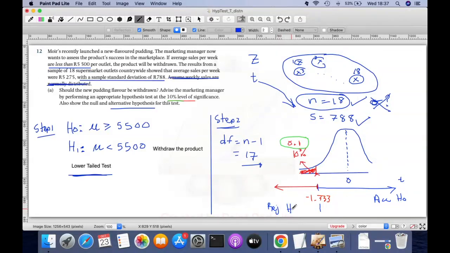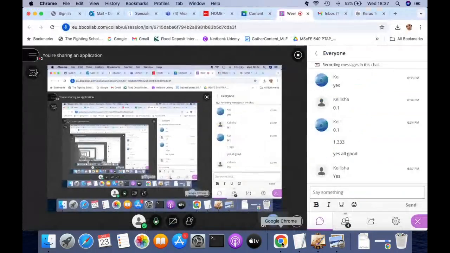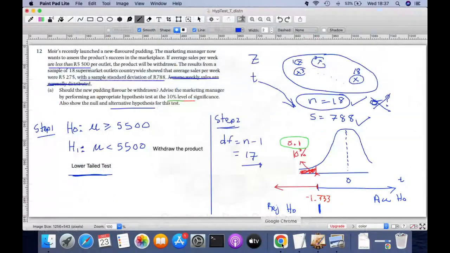Does that make sense, everyone? Let me know if there's anything unclear. This is your boundary. All good? Fantastic. So that is your step 2 done. You found your rejection region, which is anything less than minus 1.333, you reject H0.